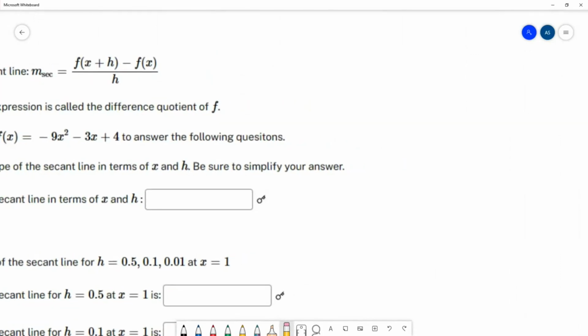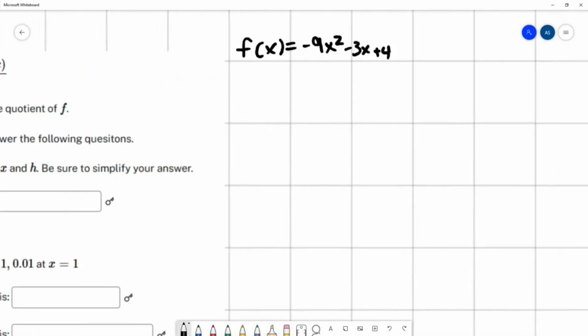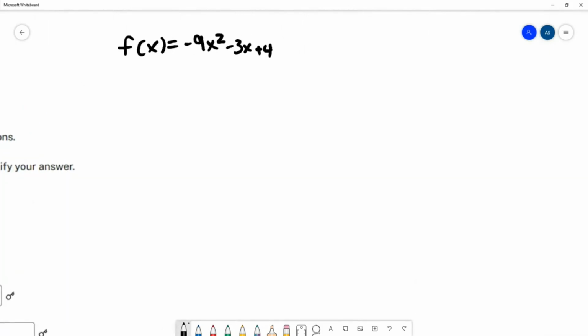So we have our function f of x equals negative 9x squared minus 3x plus 4. And we're going to calculate that slope of the secant line.